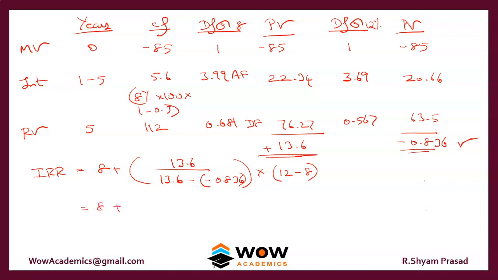So that comes to 13.6 divided by 14.4 into 4. The answer comes to 8 plus 3.78, which is a total of 11.78%. So this is the Kd, the cost of convertible debt.